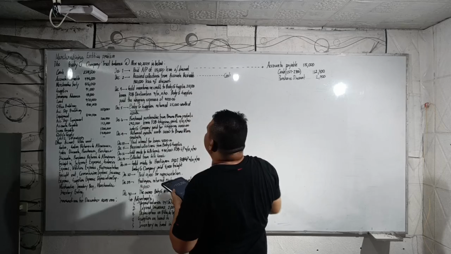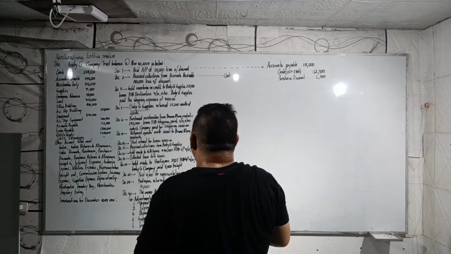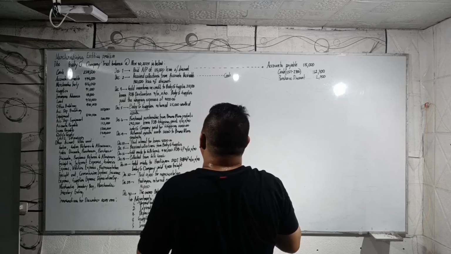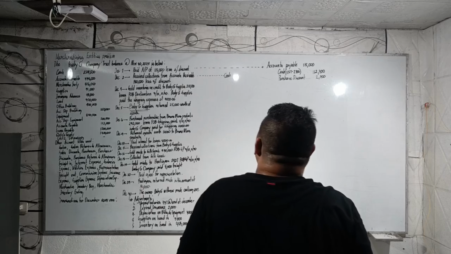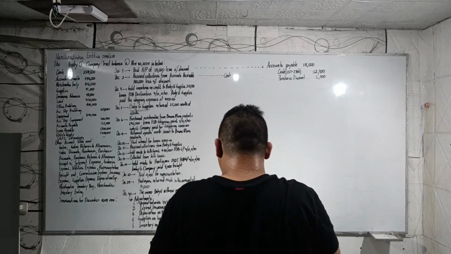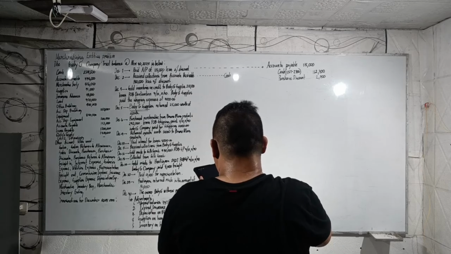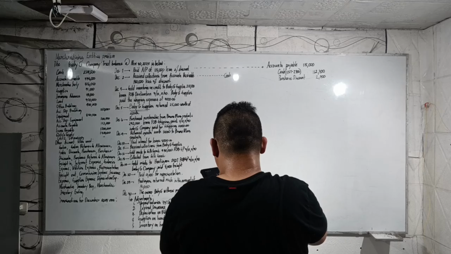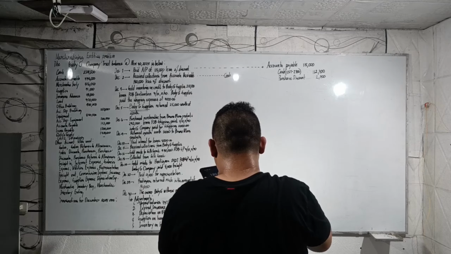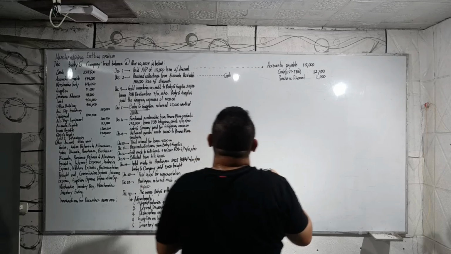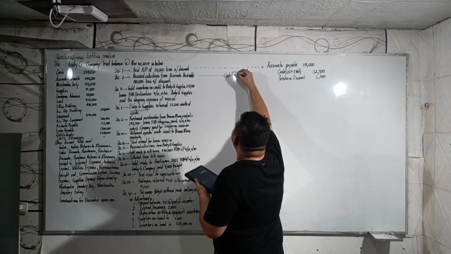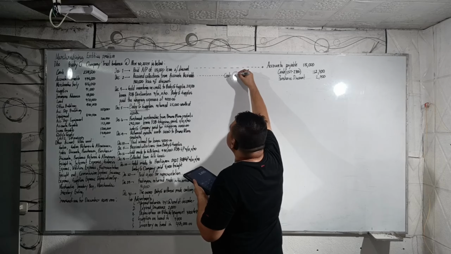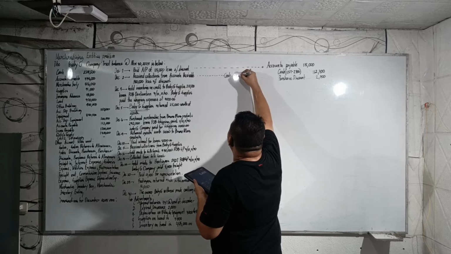However, according to the problem, it should be less a 3% discount because maybe the customers paid within the discount period. So 180,000 times 0.03, we have 5,400.